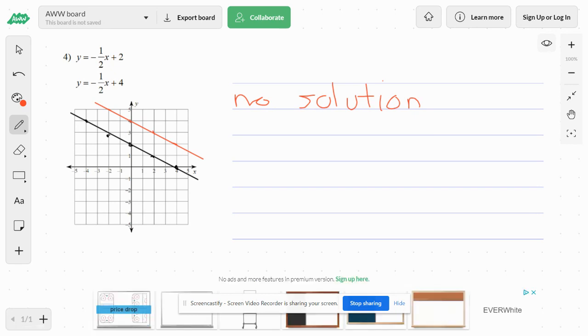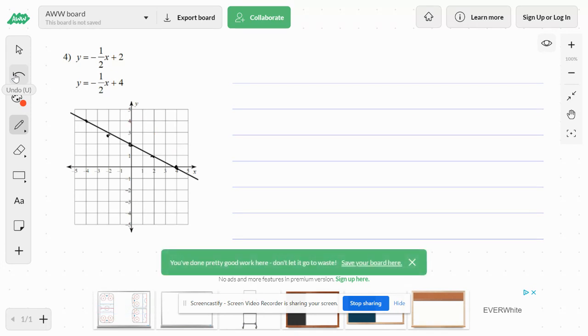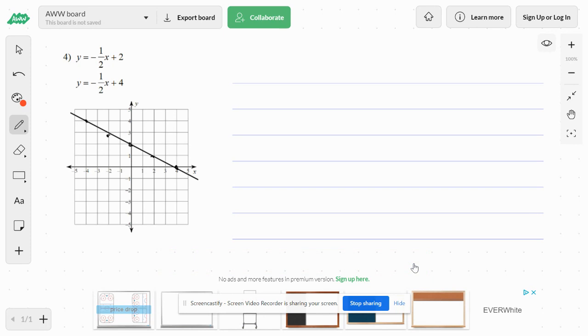There's also a weird type of answer where, let me just back up. So let's say my bottom equation was y equals -1/2 x plus 2. Now, if that was the case, they're the exact same equation.